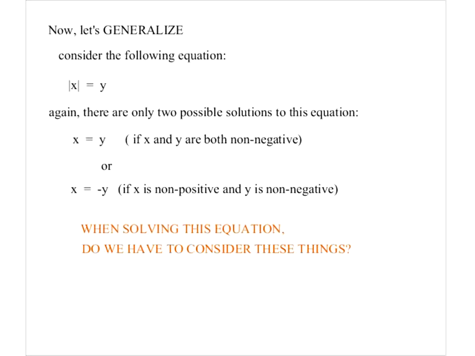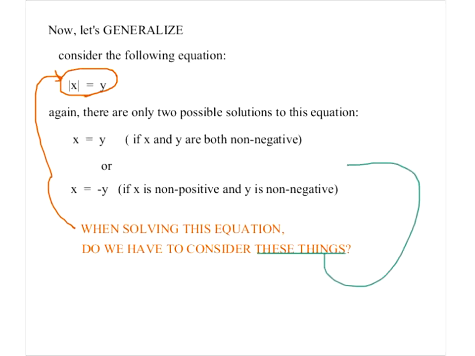If we actually have to solve this equation, in other words, this equation that's right there, if we're presented with this equation, do we have to consider things like the sign of each of the numbers? Or is it enough just to set up a couple of algebra equations and go to town?